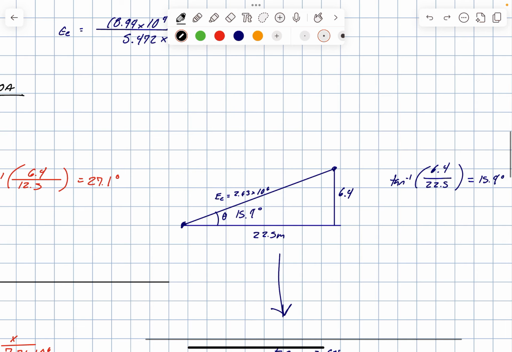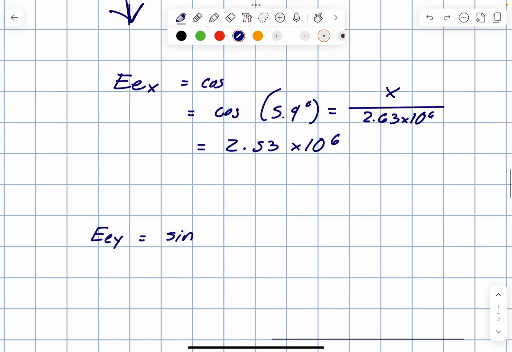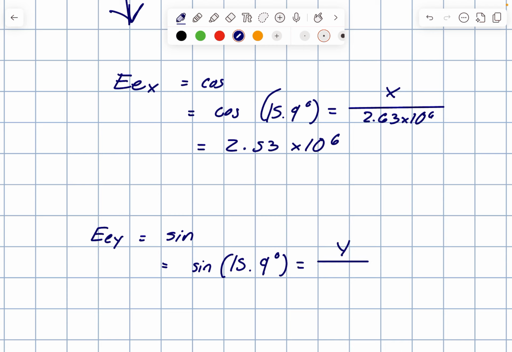So just go over the SOHCAHTOA rules, a quick refresher, and I think you'll be good if you're looking to review right before your exam. So sine of 15.9 degrees is equal to an unknown y over 2.63 times 10 to the 6th. And when you figure that out, you should get roughly the value of 7.2 times 10 to the 6th.